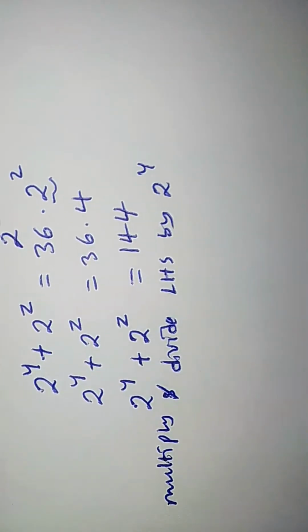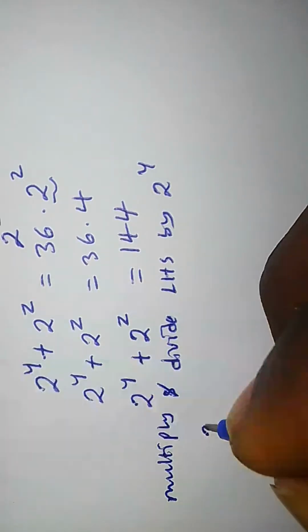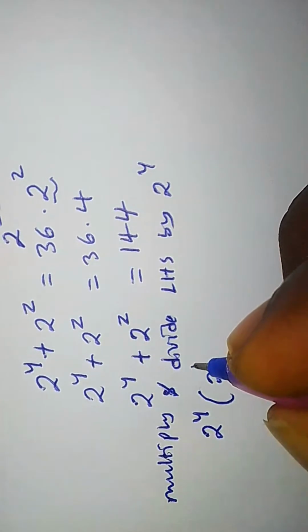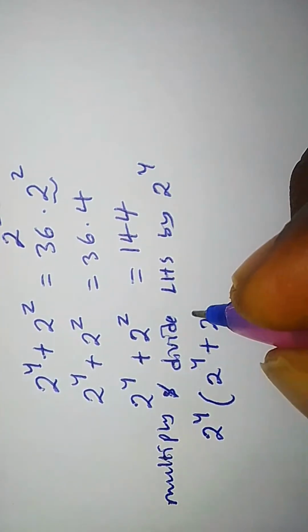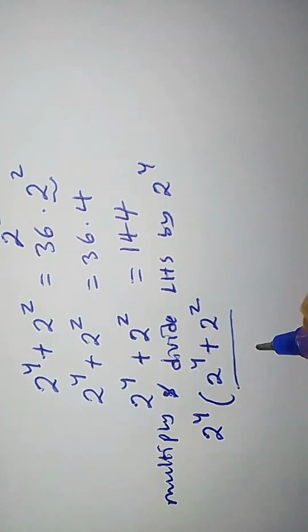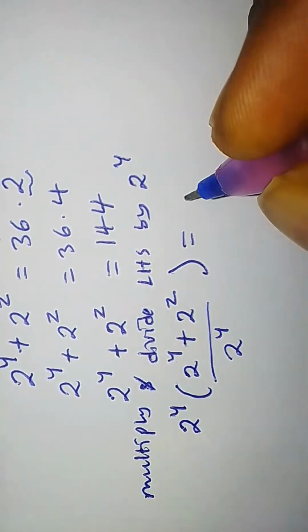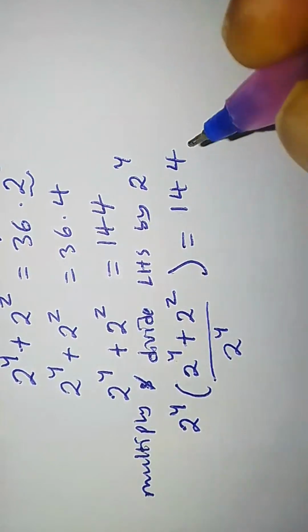So let's do that. That will be 2 to the power of y into 2 to the power of y plus 2 to the power of z, all divided by 2 to the power of y, equal to 144.